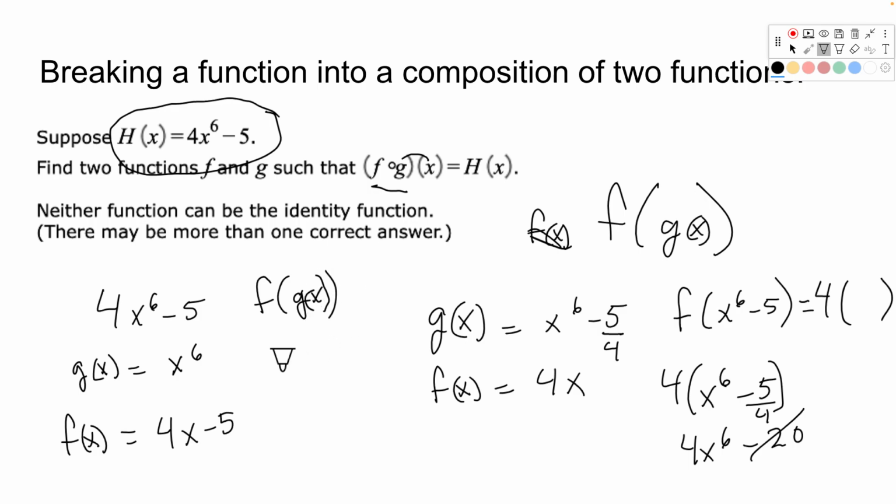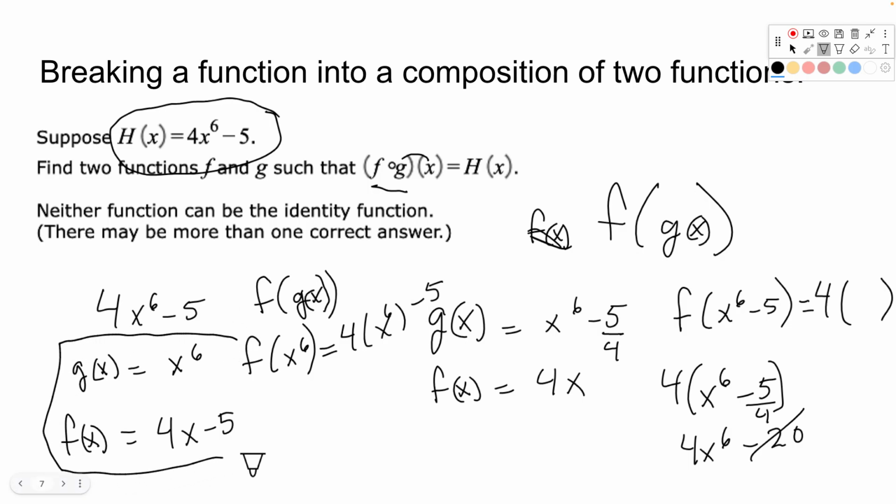I'm going to put F of X to the sixth. And what is F? It's 4 parentheses minus 5. I put this X to the sixth in here, and that works. So here's a solution that works.